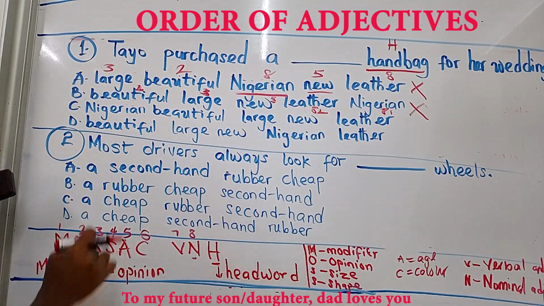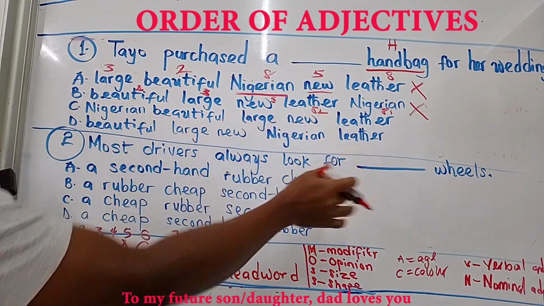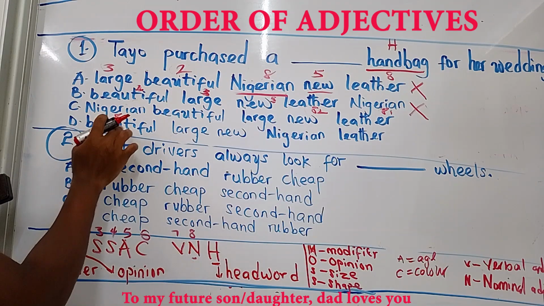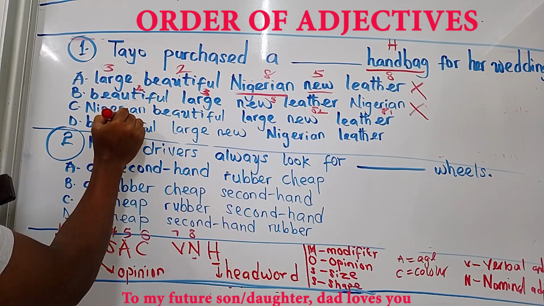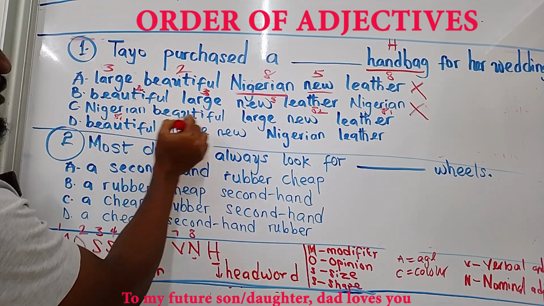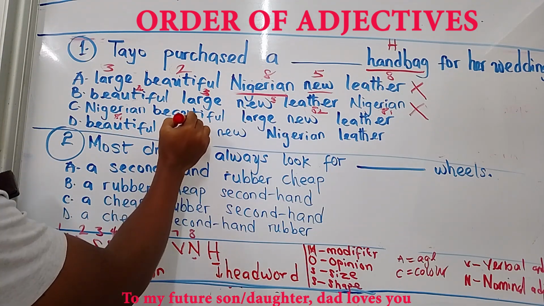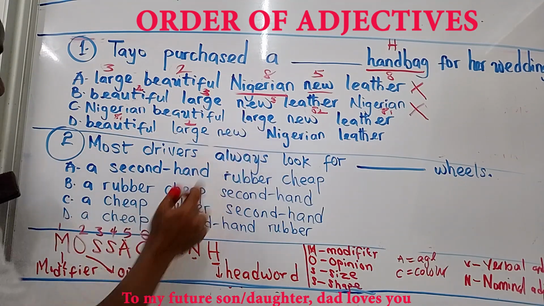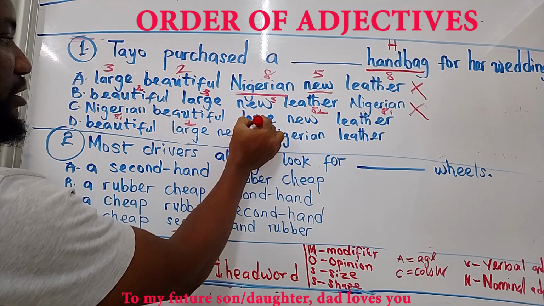Now let's check C. Nigerian, beautiful, large, new, leather. Of course, Nigerian is 8, and the 8 in this case is 8, 1. It's supposed to be 8, 1 because origin should come before material. Beautiful is talking about opinion, and that is 2. This option is also wrong. Then we have large, it's talking about size. Size is number 3.